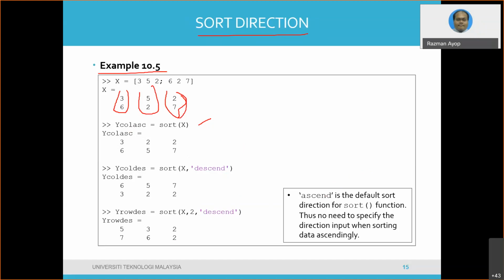And then if you want to set it descending, it will sort something like this. You can see here 3 and 6, because of descending, 6 first and then 3. Then this one is just copied. For this case, because 2 is smaller than 7, it will write 7 first and then 2.